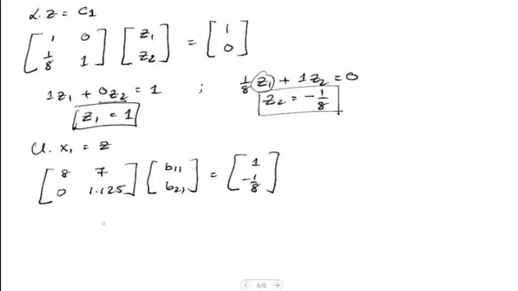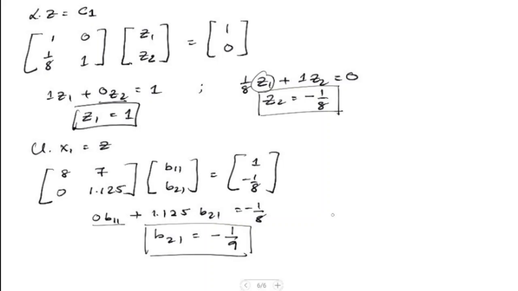So now we get 0 times b11 plus 1.125 times b21 is equal to minus 1 over 8. So b21 is equal to minus 1 over 8 divided by 1.125, which gives the value minus 1 over 9.